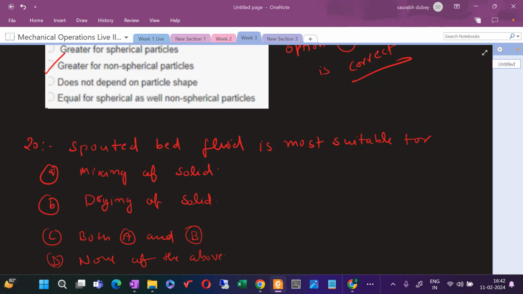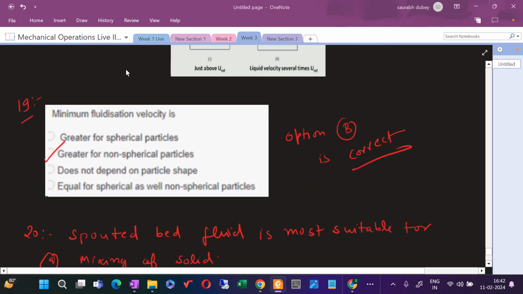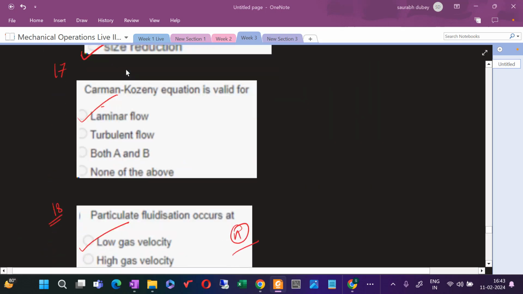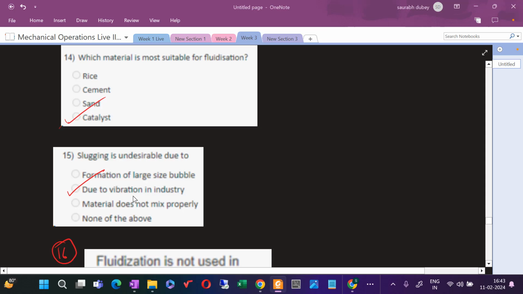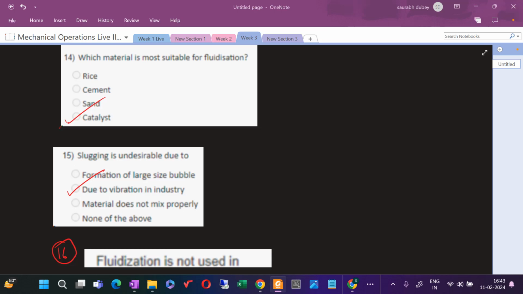Slugging is undesirable vibration; we have already talked about it.